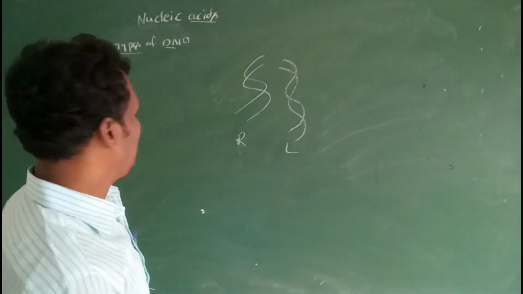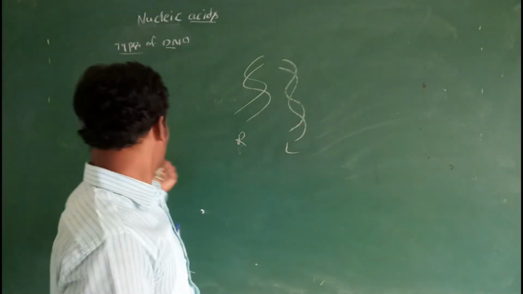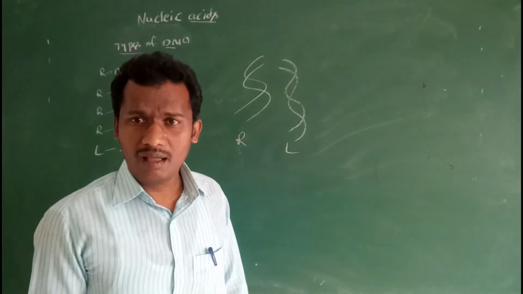A, B, C, D are right-handed helices, and Z is a left-handed helix.